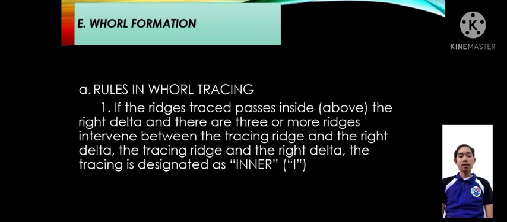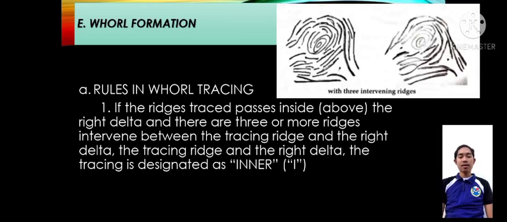Rules in whorl tracing. If the ridge trace passes inside the right delta and there are three or more ridges intervening between the tracing ridge and the right delta, the tracing is designated as inner.